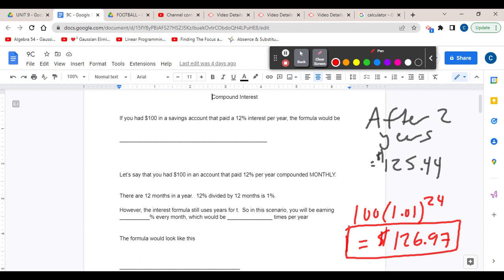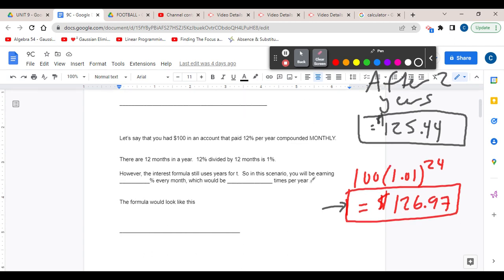And the more it compounds, the more I'm going to get. After 2 years, with just 12% per year, I get 125.44, but with 12% per year compounded monthly, I end up with more money after 2 years, 126.97.